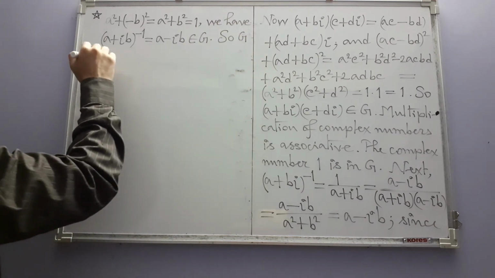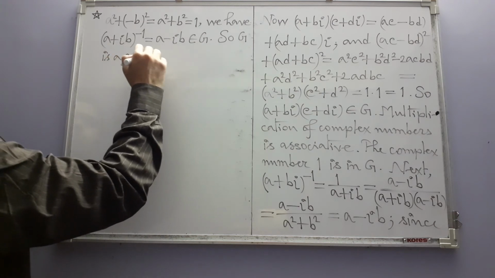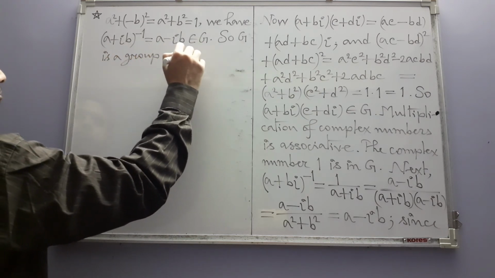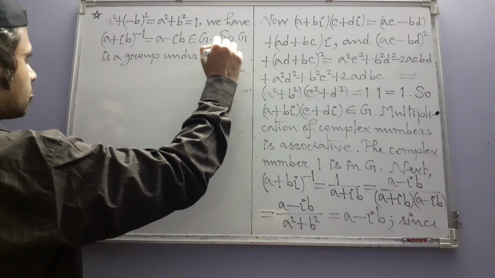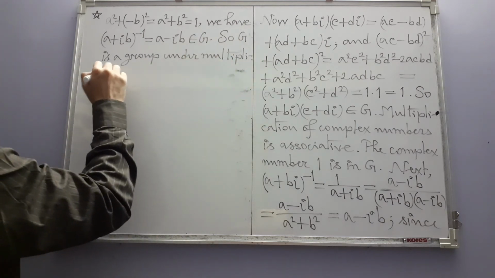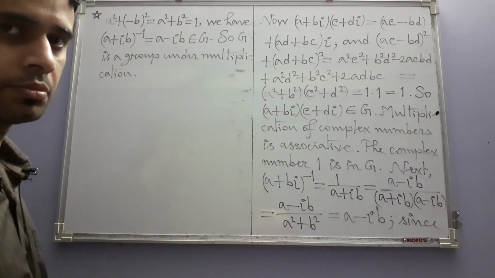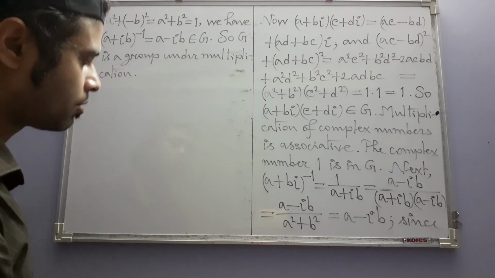So G is a group under multiplication, and in fact it's an abelian group. Complex number multiplication is commutative.